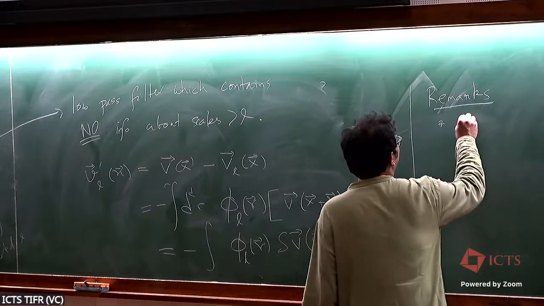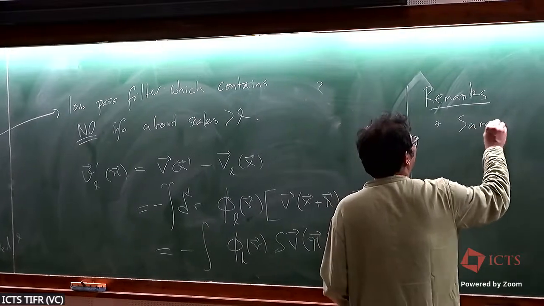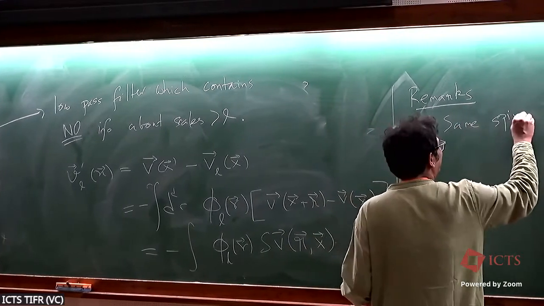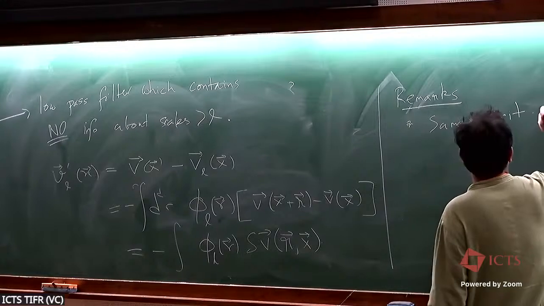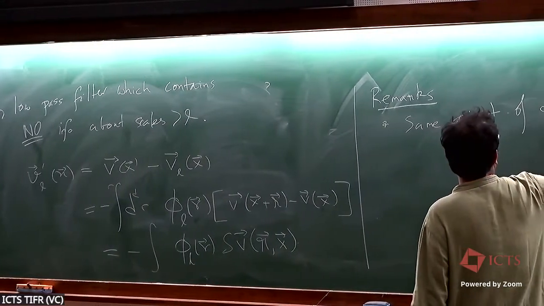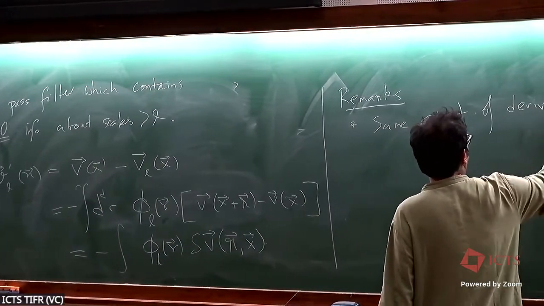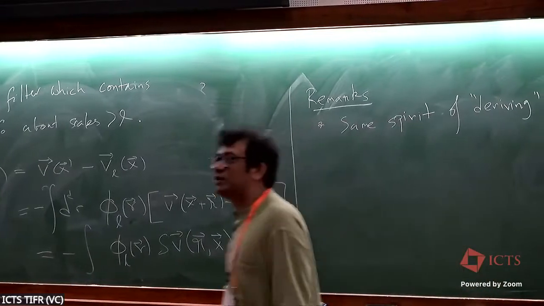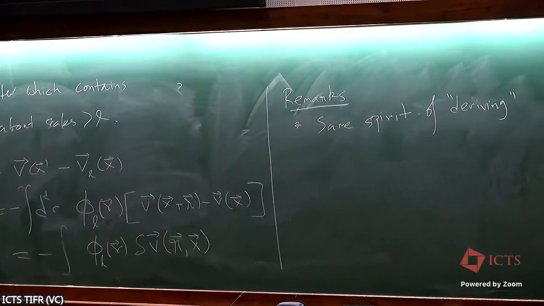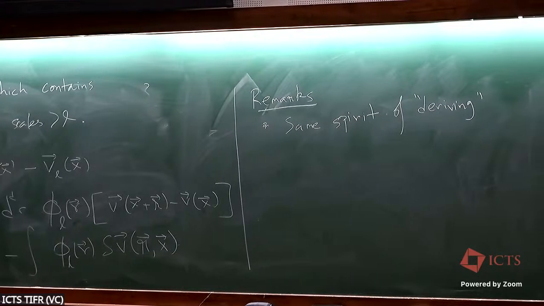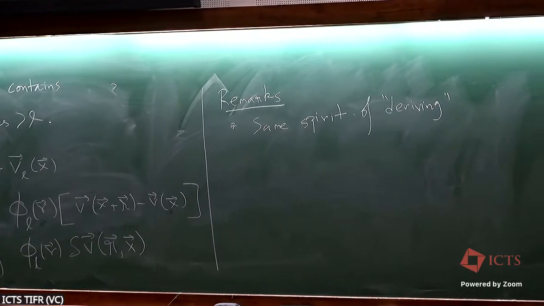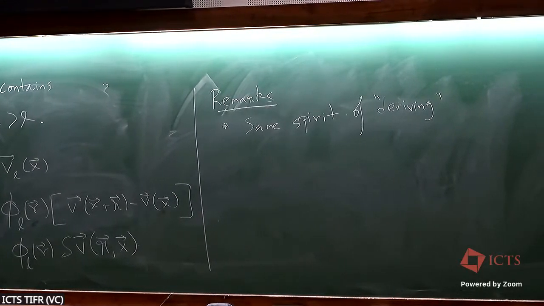So what we are doing is using the same spirit of deriving. Now this I put in quotes because at the end of the day, we had already written down the Navier-Stokes equation as a hydrodynamic description, but now I'm going to do a further coarse graining, right? So that's why it's in quotes.